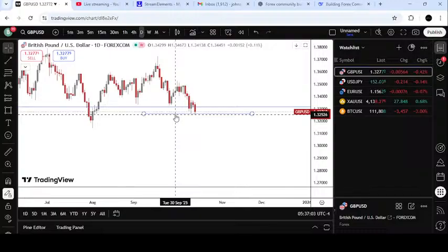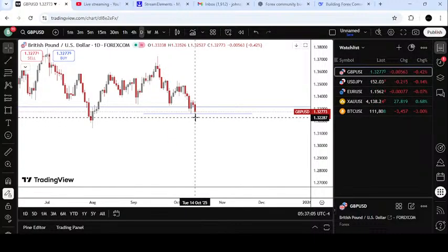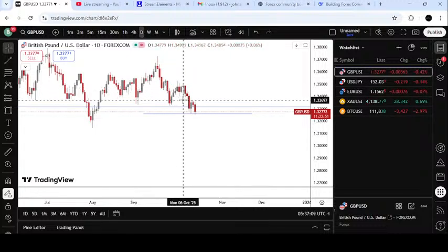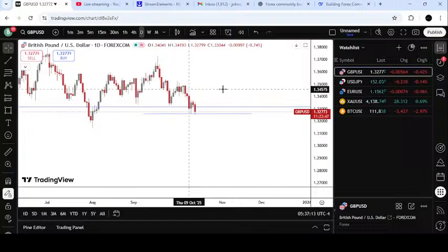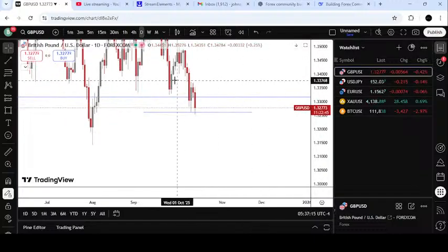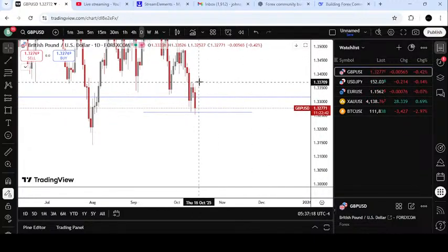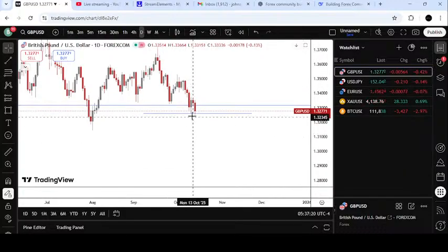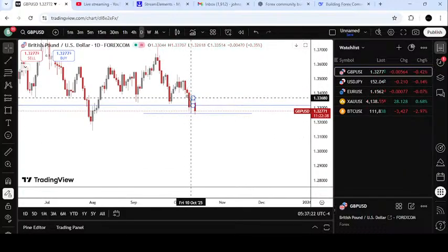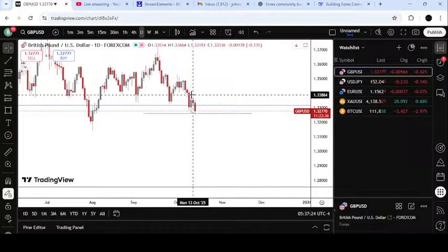So now what I will expect the market to do right now is to pull back into what? An internal. In this case, there is no internal structure that I can see here. Okay, yes, I can see one small fair value gap here. So I will expect this market to at least come back here and take out this particular high, which happens to also be a previous external.